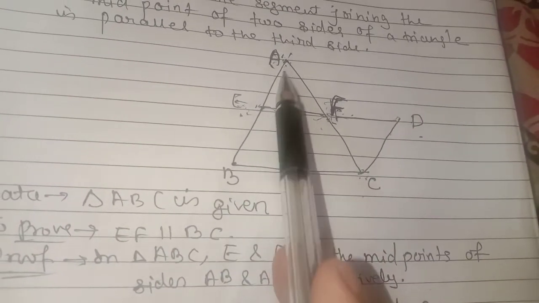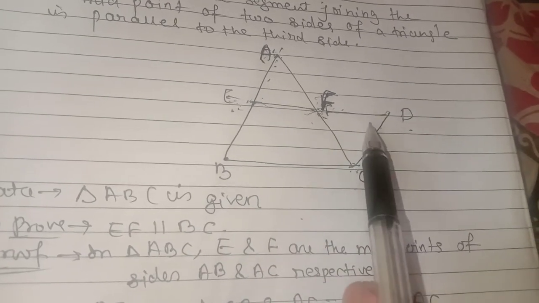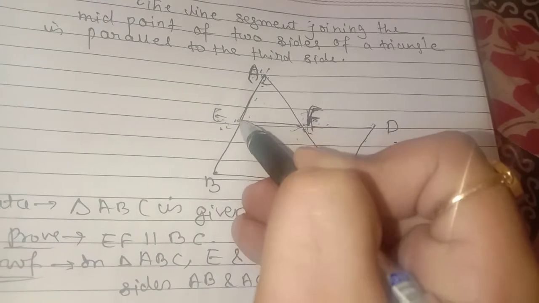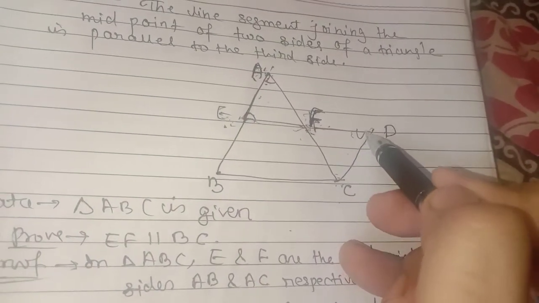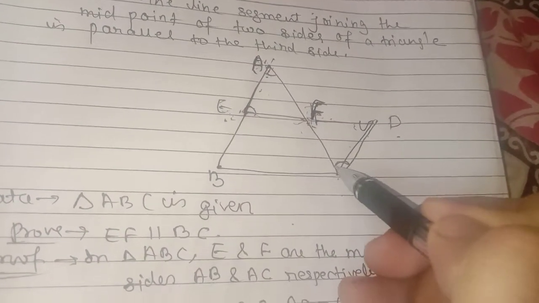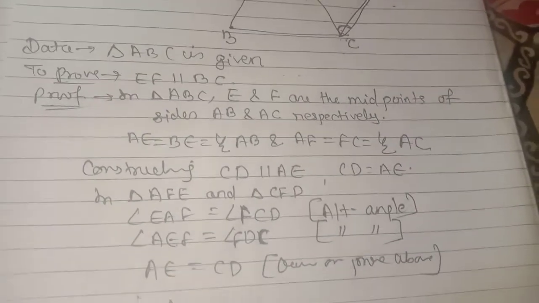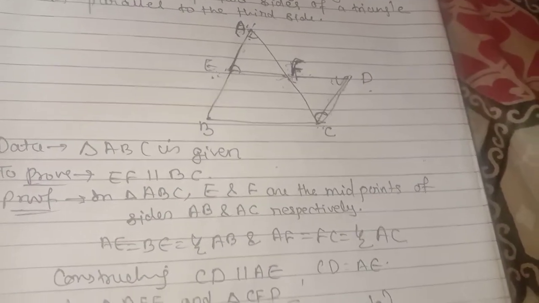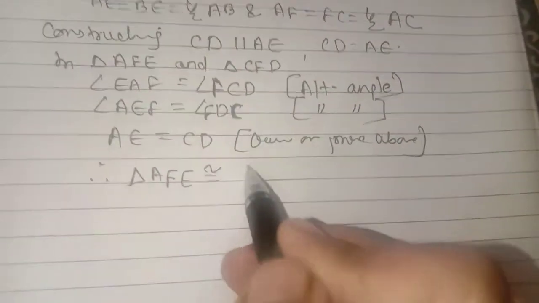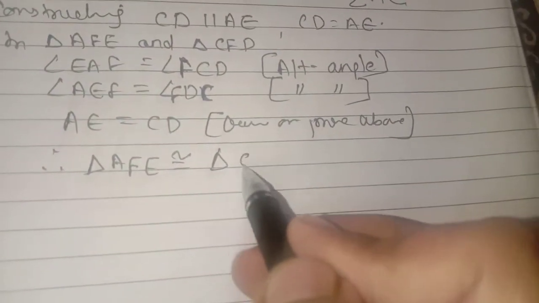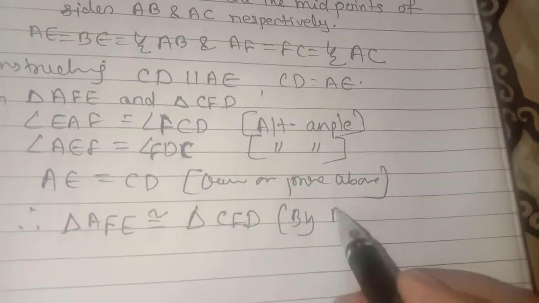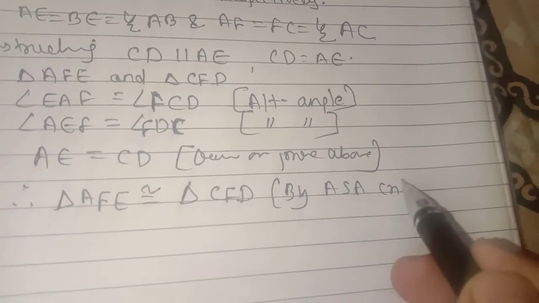So what we can see is angle, side, angle. This angle, this included side and this angle. So we'll write here, therefore triangle AFE is congruent to triangle CFD by ASA criteria.